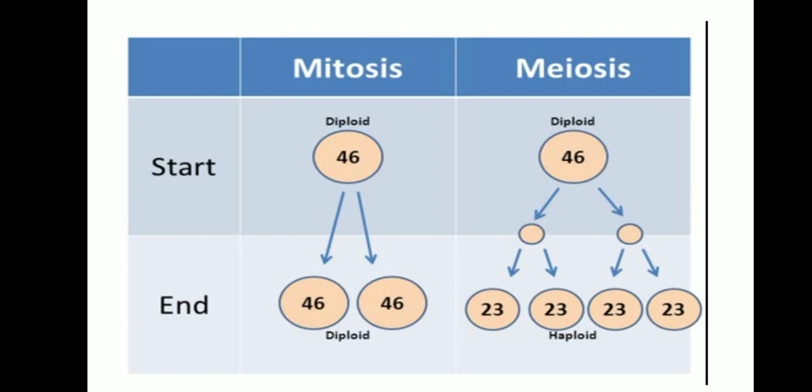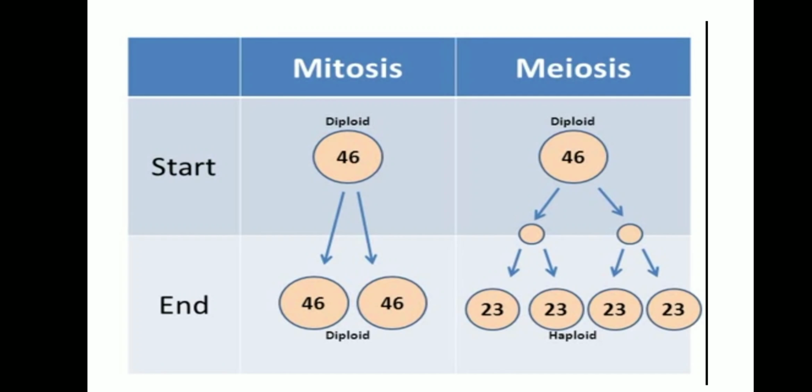I'll explain that. Here is a difference shown for mitosis and meiosis cell division. Mitosis cell division happens in the body cells. They have diploid cells with 46 chromosomes, and the same number of chromosomes will be there in the daughter cells in the process of mitosis.